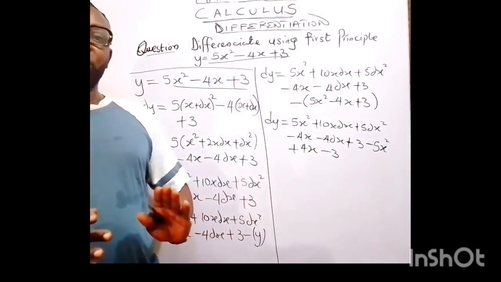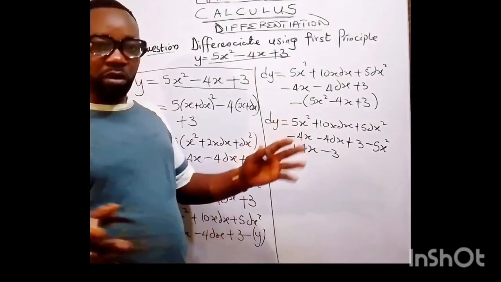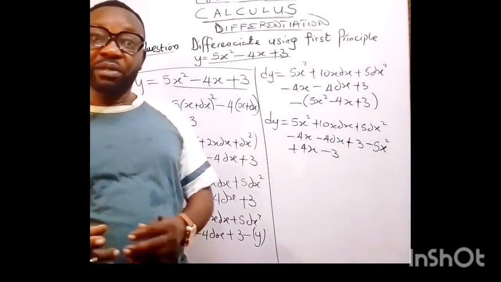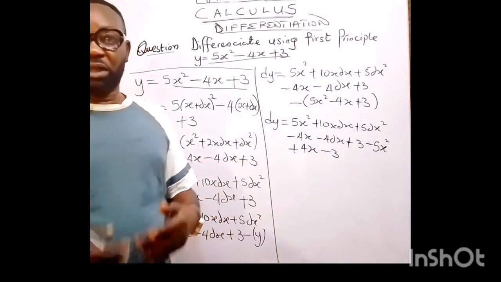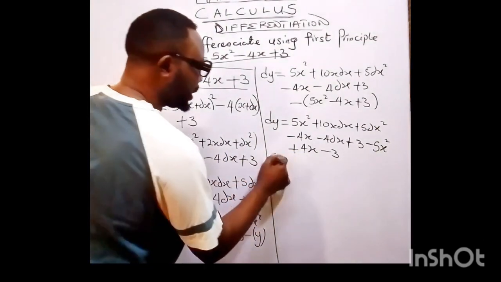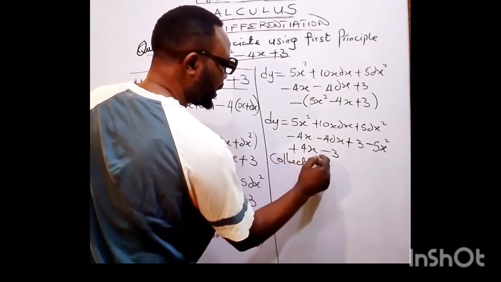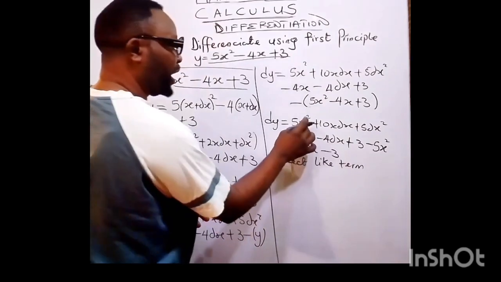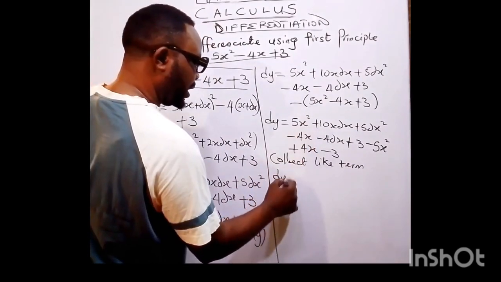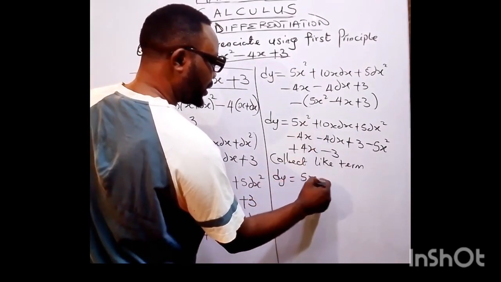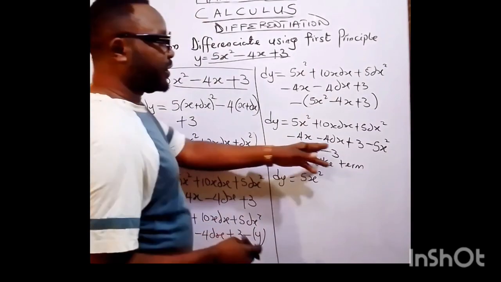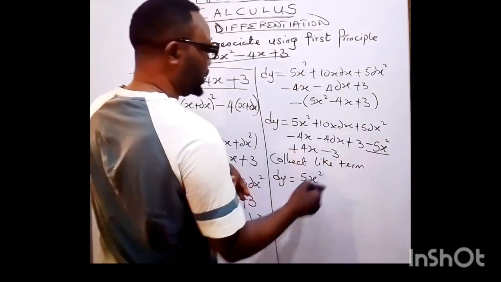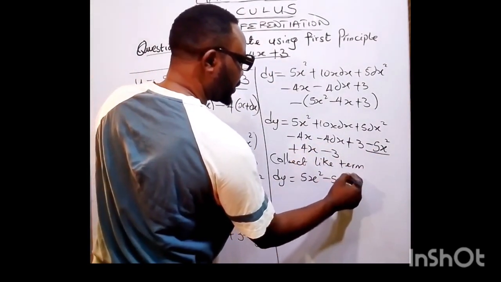The next thing I'll do here is to collect the like terms, because some terms are looking alike there. So let's look at those terms that look alike now. So 5x squared, you're having the y now will be equal to 5x squared. What other terms look like 5x squared? This is minus 5x squared.